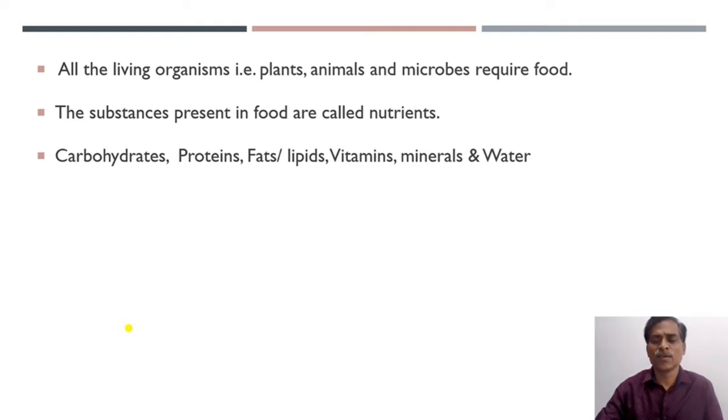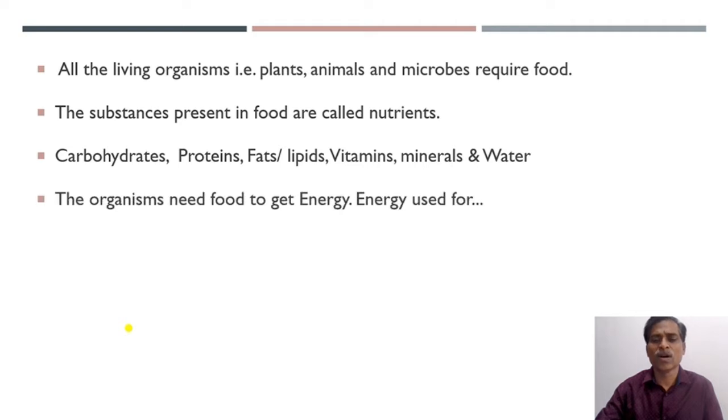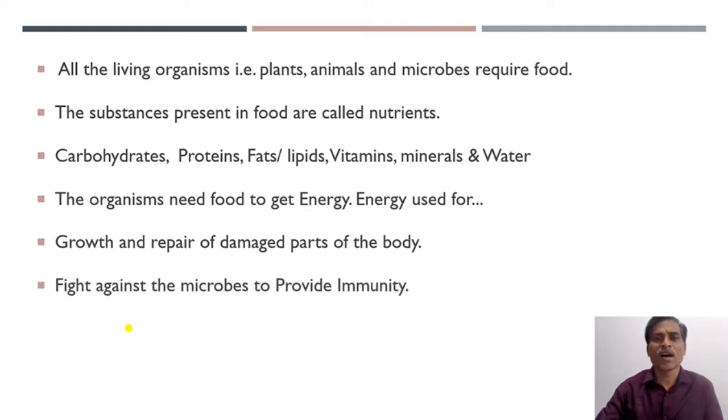What is the use of food? Food gives energy to all living organisms. So, what is the use of energy? This energy is useful for the growth of the living organism and repair of the damaged part of the body or repair of the tissue of the organ, to fight against microorganisms to provide immunity, to maintain the body temperature, and it is useful for reproduction.